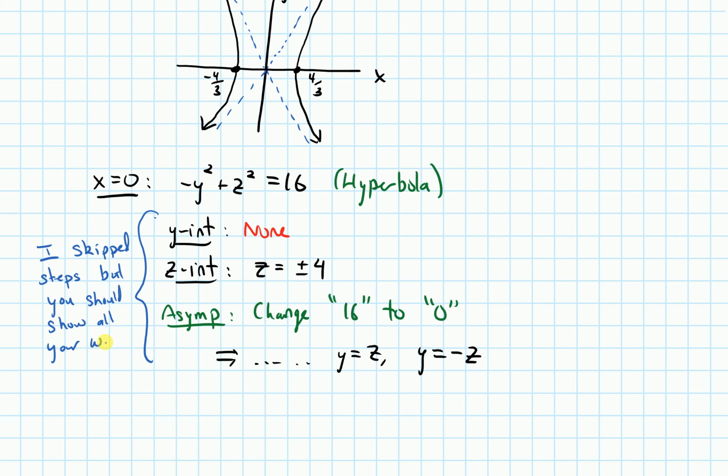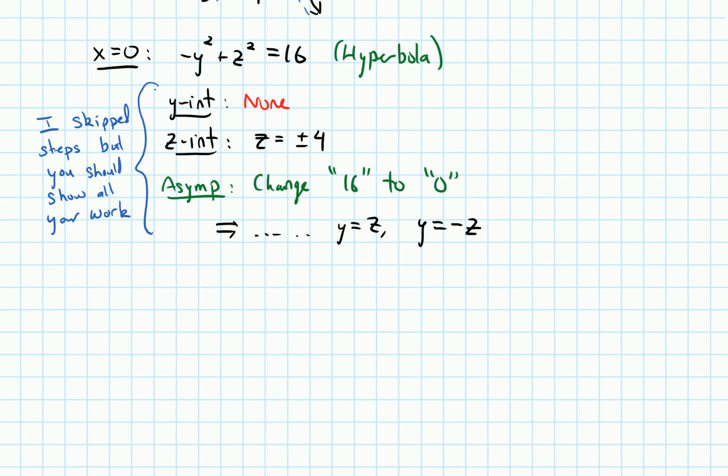If a problem like this was a test question, you should show all of these steps and not just the final answers. I'm choosing to skip them here in the video so I can spend more time talking about the heart of the problem, which is taking these cross-sections and using them to draw the 3D graph, and less time on the algebra. Okay, so that's x equals 0.